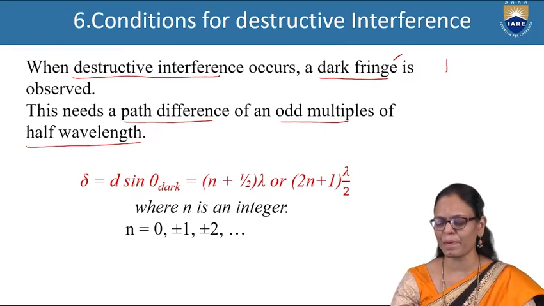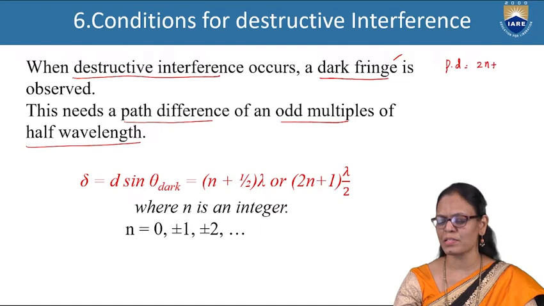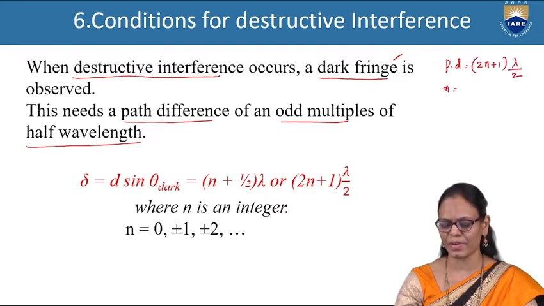I'll write the path difference as (2n plus 1) into lambda by 2, where n takes the values 0, plus or minus 1, plus or minus 2, and so on. So let us put n is equal to 0. When n is equal to 0 here, we get lambda by 2.